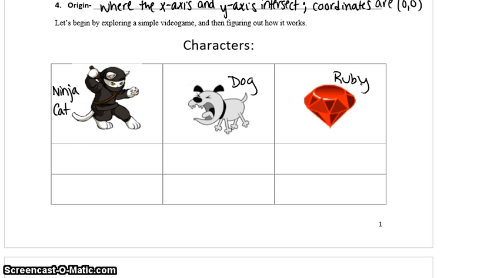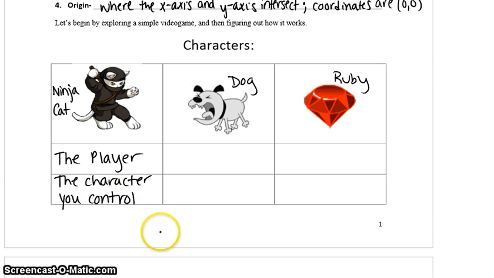Each of these 3 characters represents a general type of character. Ninja Cat represents the player. This is the character that you actually are controlling with the arrow keys on your keyboard. So the player is the character you control. The dog represents the danger.